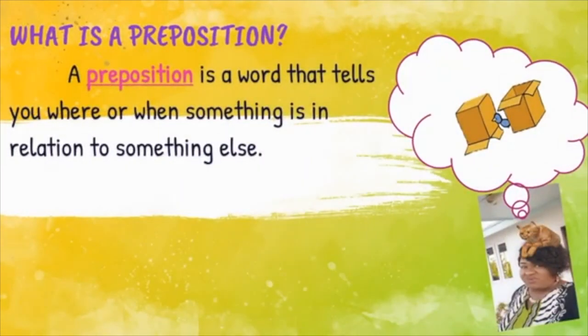Remember when I said that we will be taking our rightful positions? Well, that's just what a preposition is. A word that tells the position of a noun or pronoun. A preposition is a word that tells you where or when something is in relation to something else. A preposition can also be described as a word that connects a noun or pronoun to the rest of the sentence.